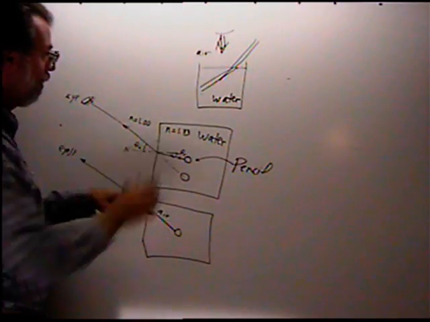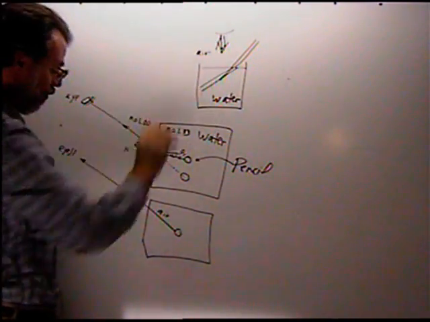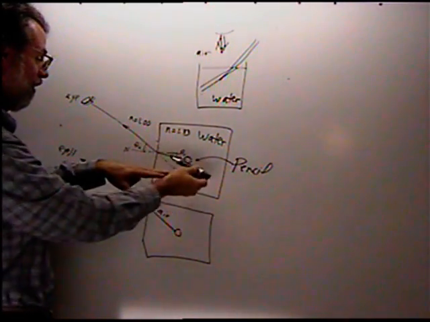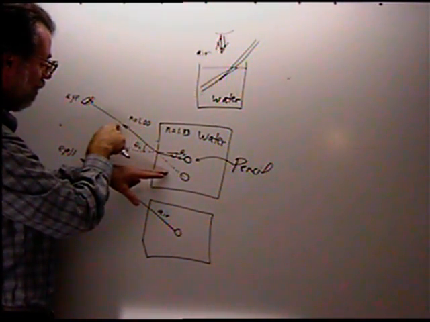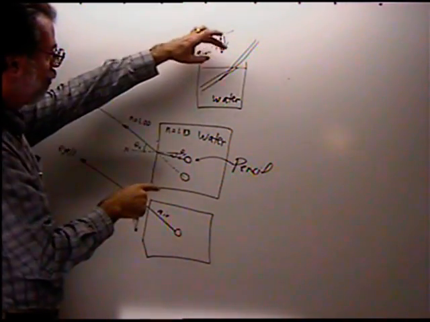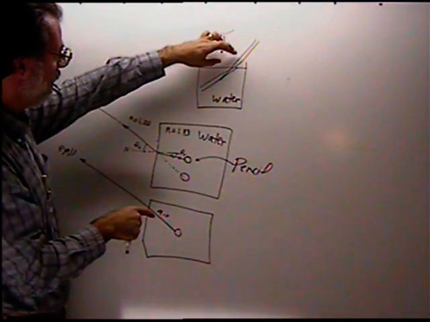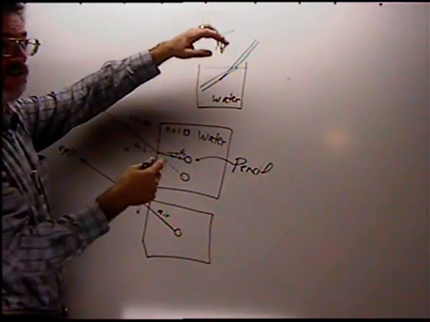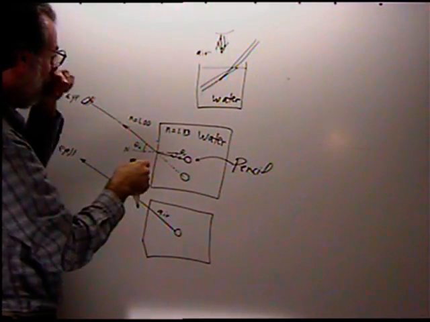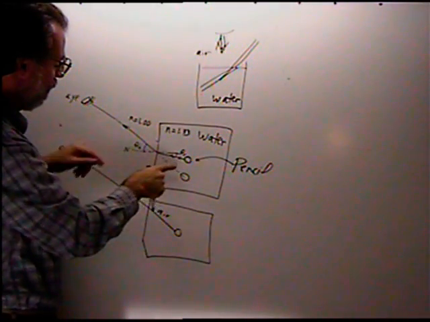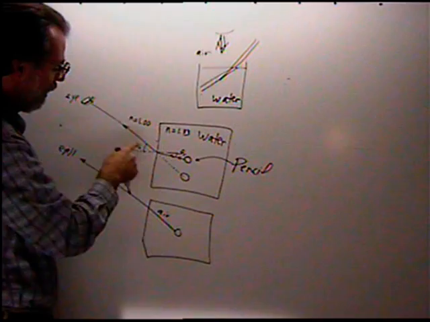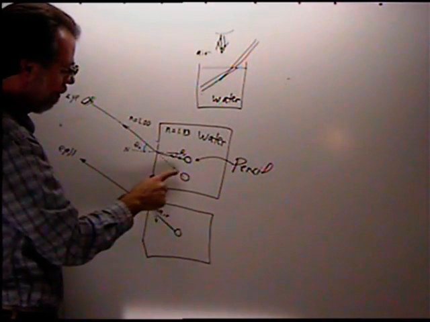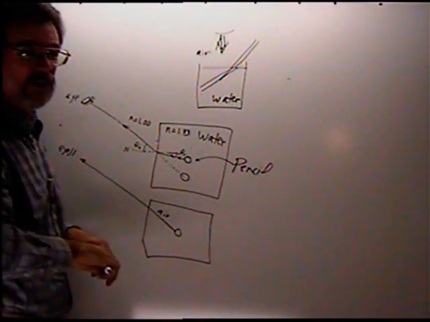When you're up here, the light travels straight, and so the light ray is unbent. But when it's in the water, the light ray is bent, and so you want to join this and this together. You join where they come together here. It's continuous, and the bending of light here makes it seem like it's not coming from here, but it's actually coming from here. So I hope that explains it.